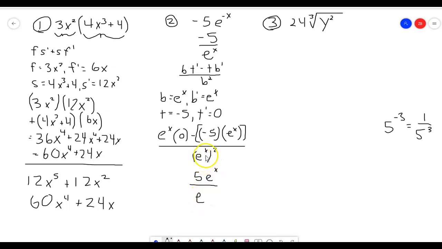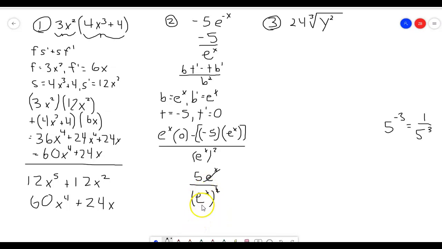I could write that as e to the 2x, because when you take an exponent to an exponent, you just multiply them together. But I'm going to end up canceling one of them out anyway, so I'll just leave it as e to the x squared.